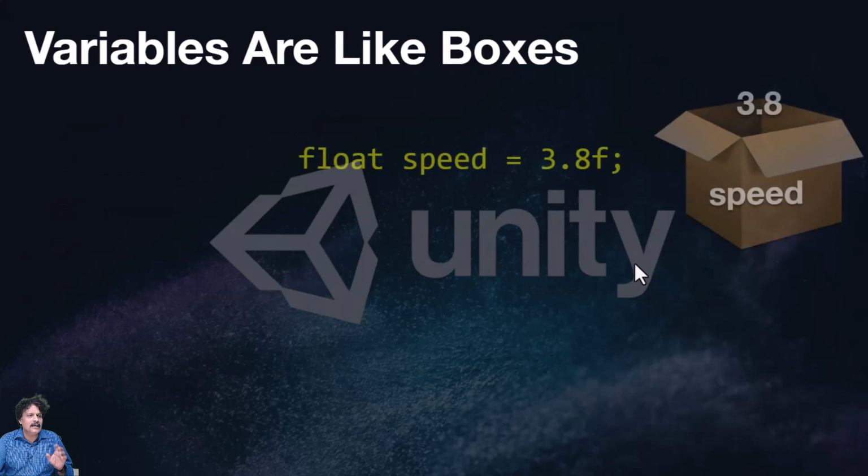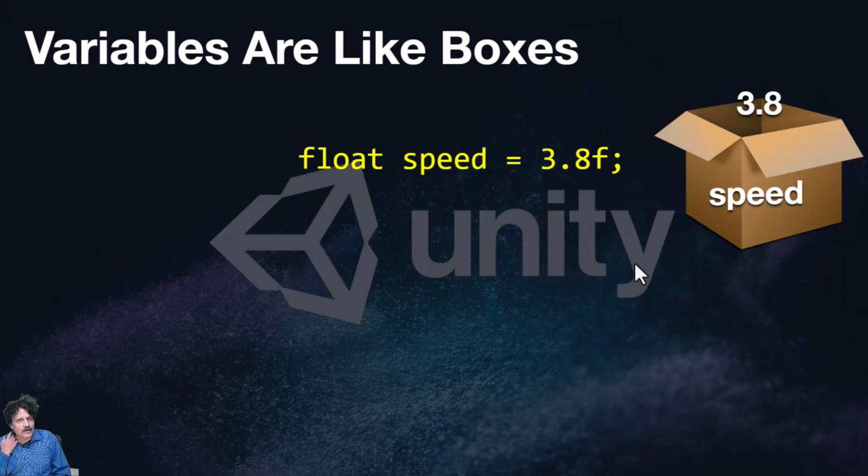Now these variables can also be of different types. Say for example, instead of a whole number you have a decimal. I want to declare a variable called speed, and here the value of this speed is 3.8. So now the type of this variable is not integer, but float.